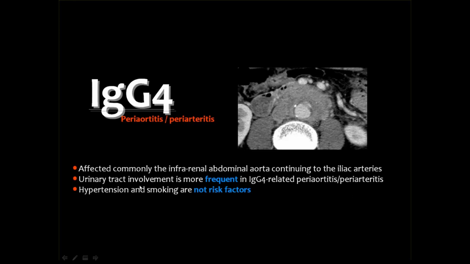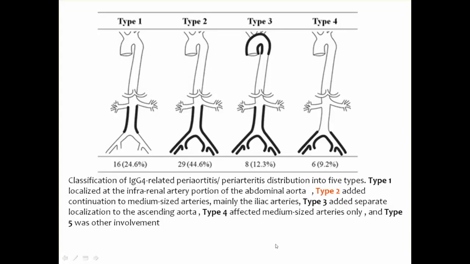There is some urinary tract involvement, and hypertension and smoking are not risk factors for this disease. There are 5 types of aortic involvement. The most common is type 2, which involves the infrarenal abdominal aorta as well as the iliac arteries. And type 1 is confined only to the infrarenal aorta.